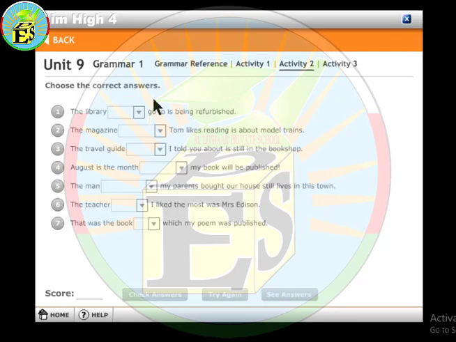Second activity. Choose the correct answers. The library space go to is being refurbished.